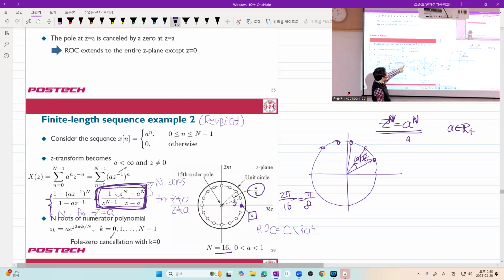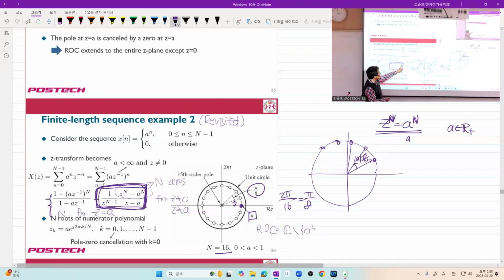And if we just take a look at the numerator, we also have 0 at A. However, as you see here, you have a pole at A, and what happens? Actually here, even though this expression does not allow us Z equals A, precisely speaking, it is allowed because the case with Z equals A is handled here.